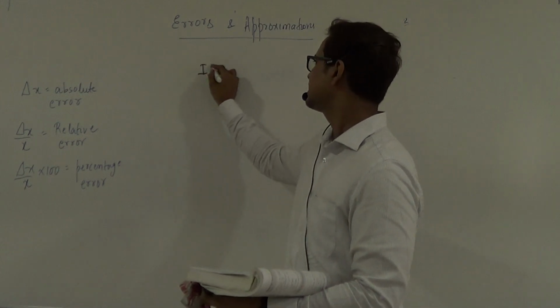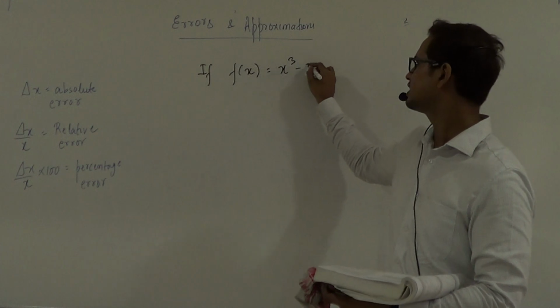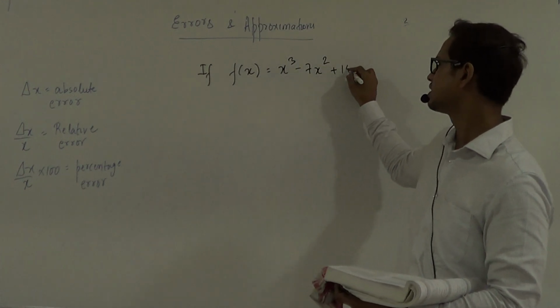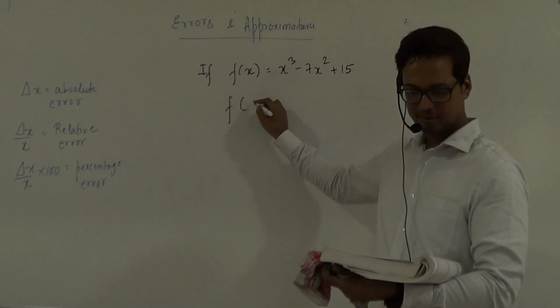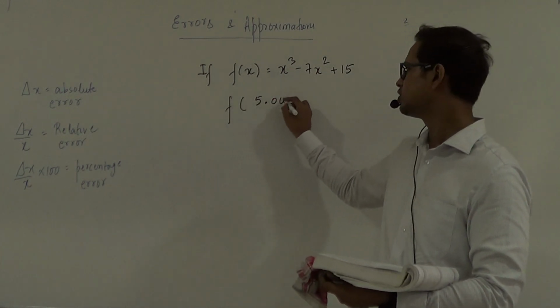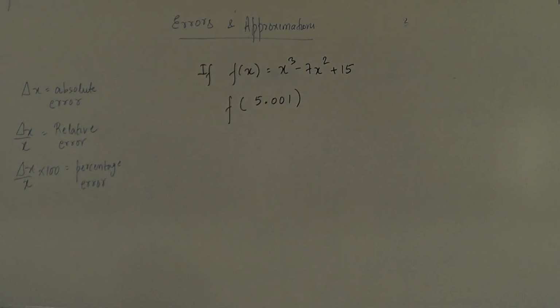If f of x is x cube minus 7x square plus 15, find f of 5.001. Find f of 5.001.